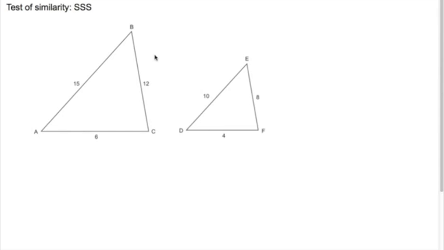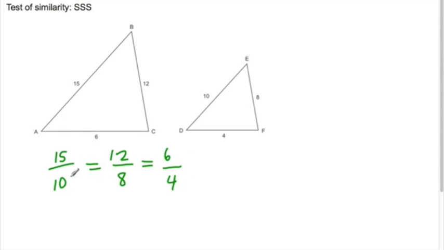So if I want to test this out, I'm going to take a look from A to B. Should give me a similar proportion when I divide that by DE as side length BC to EF as side length AC to DF.